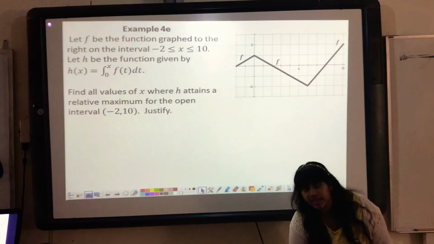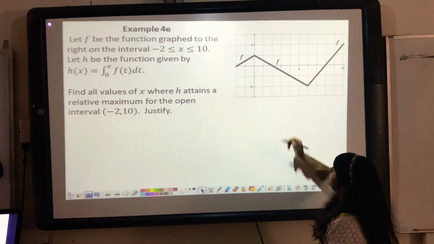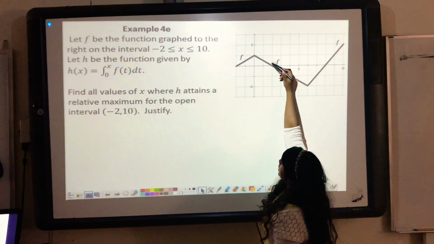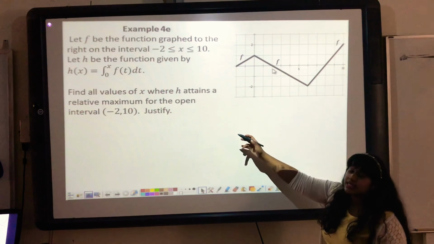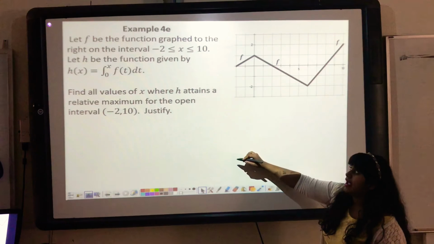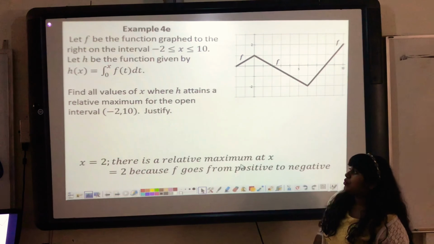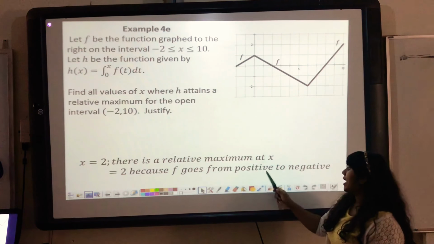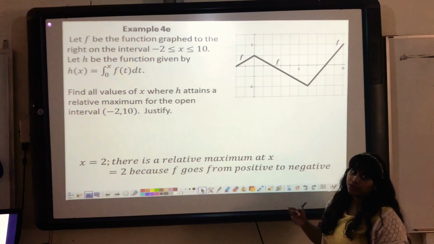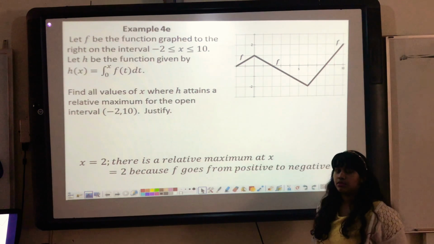That's not a max, that's a min. That's a valley, that's not a hill. So the only point we have is right here at 2. We have a relative max, and our justification would be there must be a relative max here because f goes from positive to negative. Or you could have said, f goes from greater than 0 to less than 0.